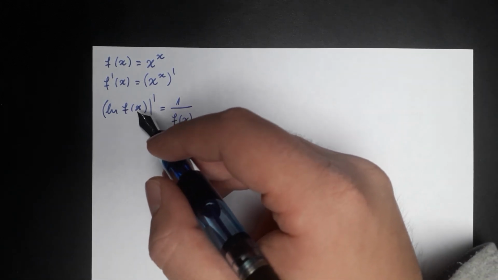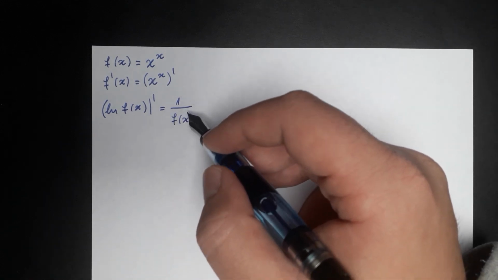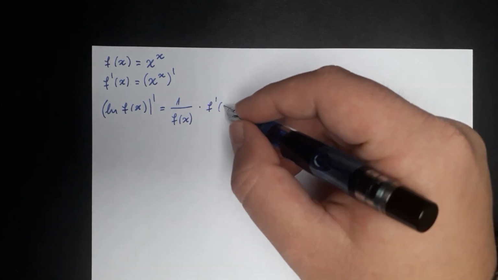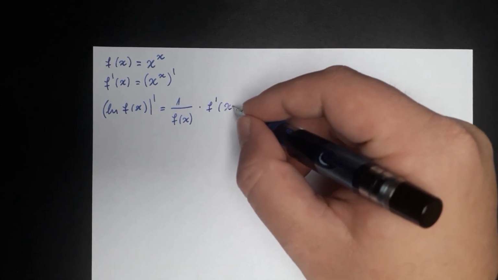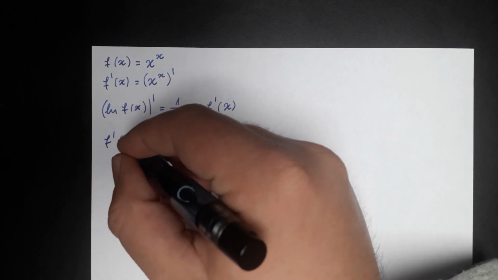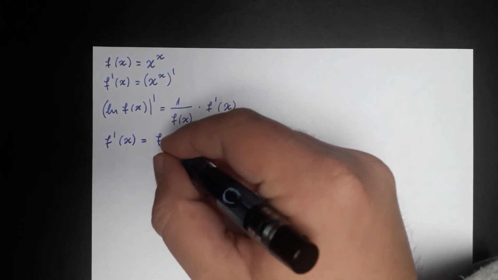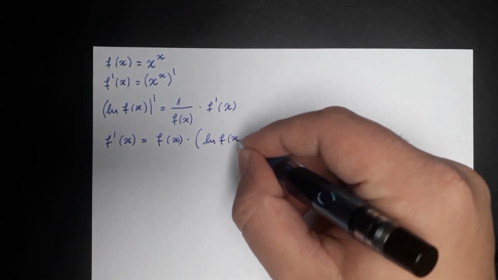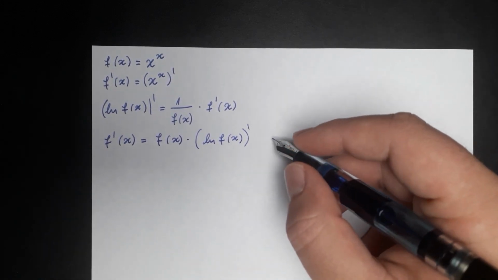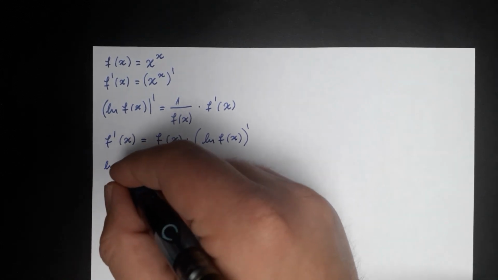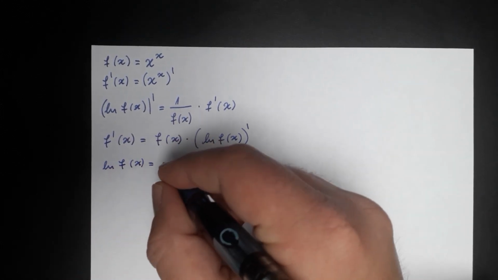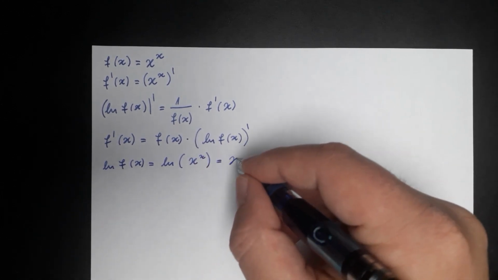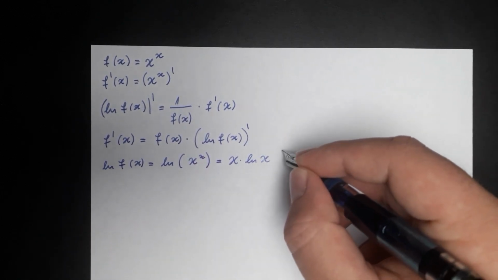We have a composition of two functions and we are doing the derivative of a composition, so this is going to be multiplied by the derivative of the function f. The derivative of f is then equal to f of x times the derivative of ln of f of x. So ln of f of x is equal to ln of x to the power x, which is equal to x times ln of x.